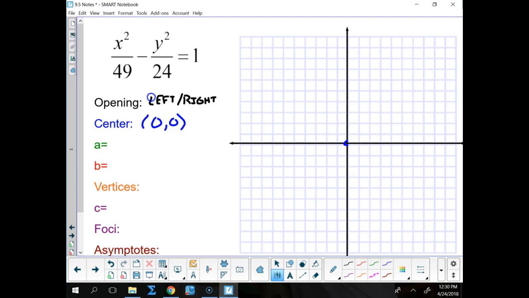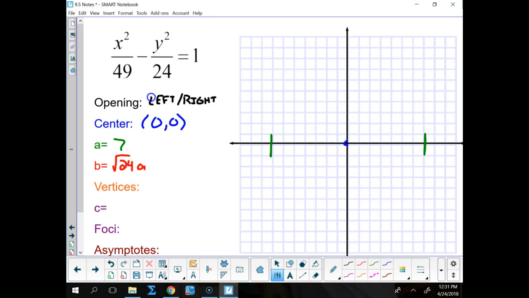A. What's A? 7. 2, 4, 6, and 7. B. What's B? Square root of 24.